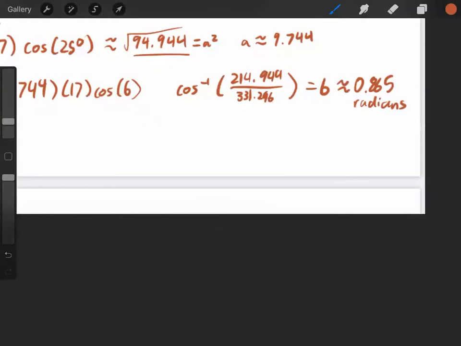And you can multiply that by 180 over pi to get in degrees, which is approximately 49.549 degrees.